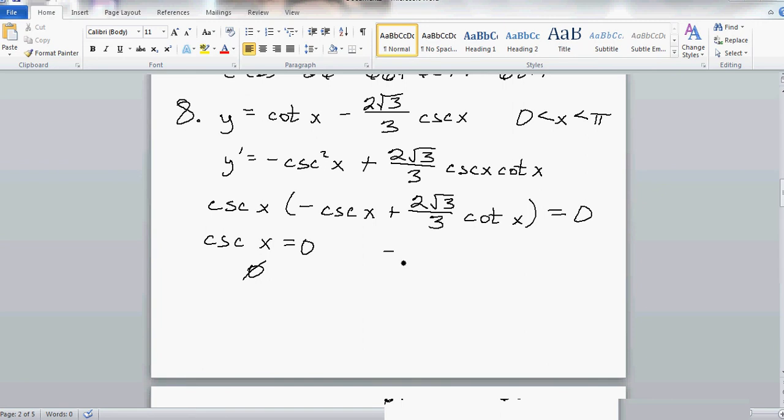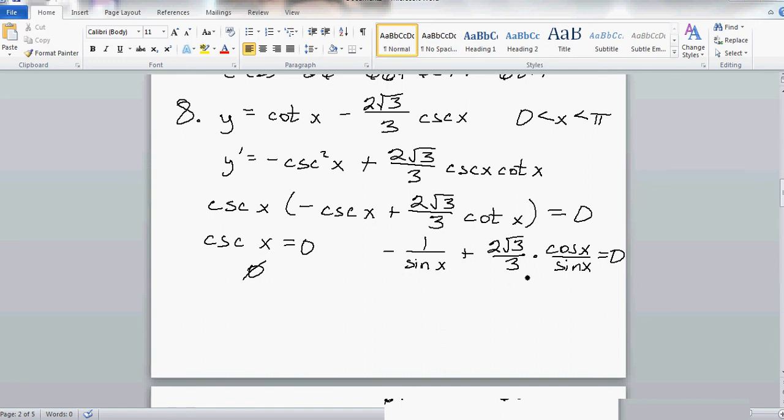Instead, I'm going to deal with sines and cosines. Cosecant of x is 1 over the sine of x, plus 2 root 3 over 3, and cotangent of x is cosine of x over sine of x. And this part has to equal 0.